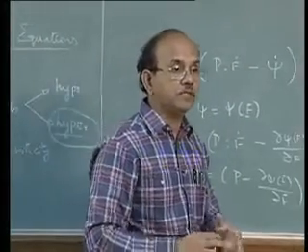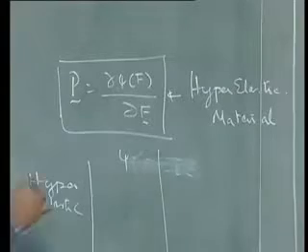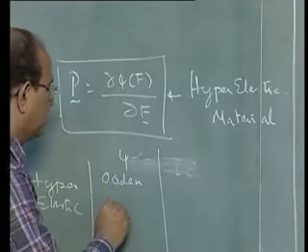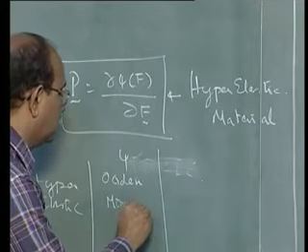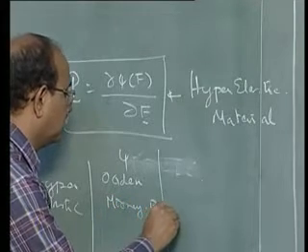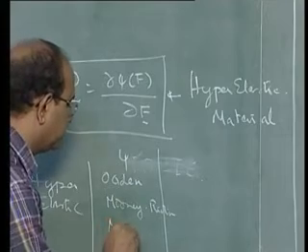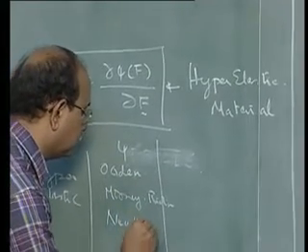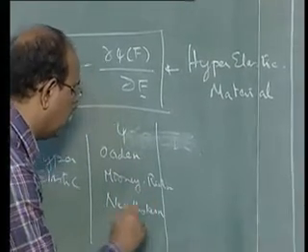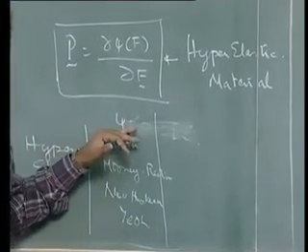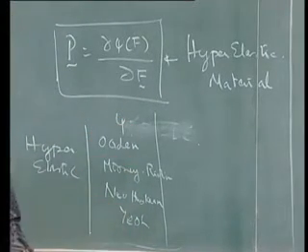These strain energy functions may be, say, Ogden, Mooney-Rivlin, Neo-Hookean, Yeoh, and so on. So these are the strain energy functions that are available.